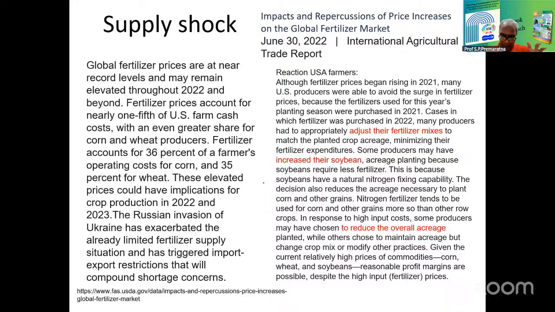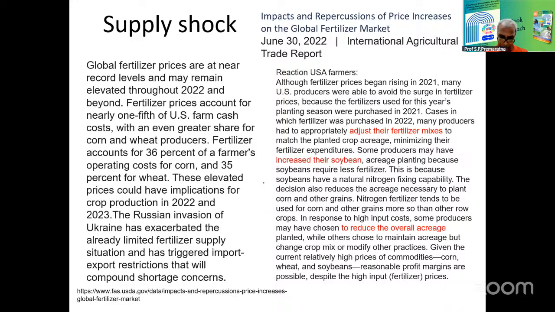It gives a particular news item from the United States Department of Agriculture. They analyzed products across the world and made a report, and I took this one based on that. When you look at this, you should be able to put it into demand and supply.